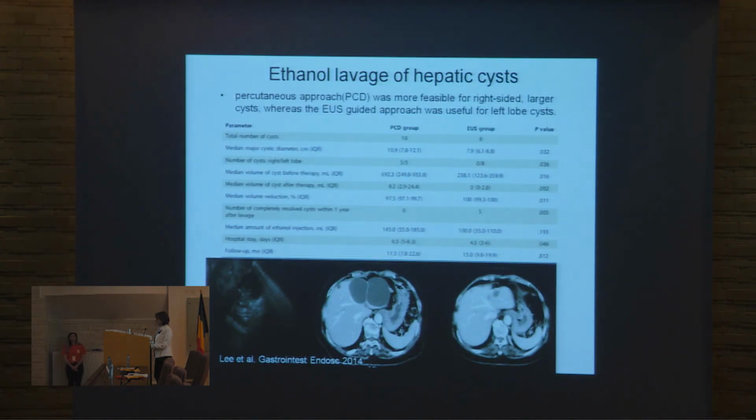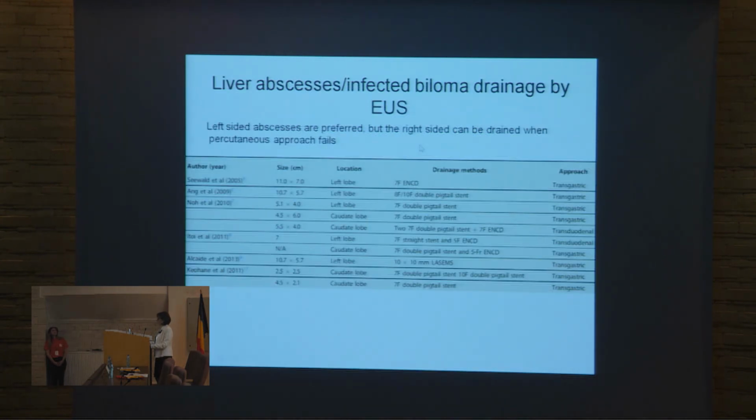Another possibility is to inject ethanol in the hepatic cysts, and as you can see here, compared to the transcutaneous approach, the number of cysts which were completely resolved was 5 from 8, much higher compared to 0 from 10. So this could be done safely, without any complications.